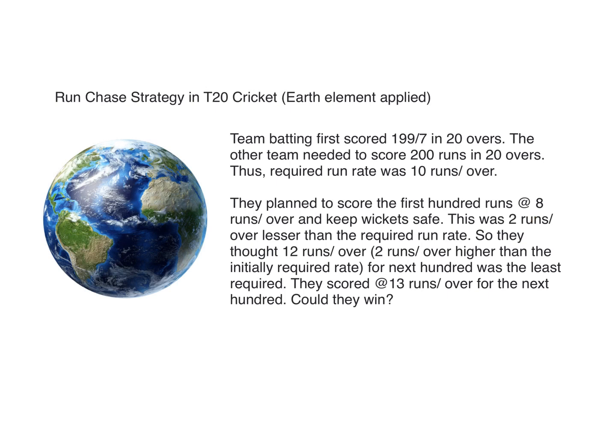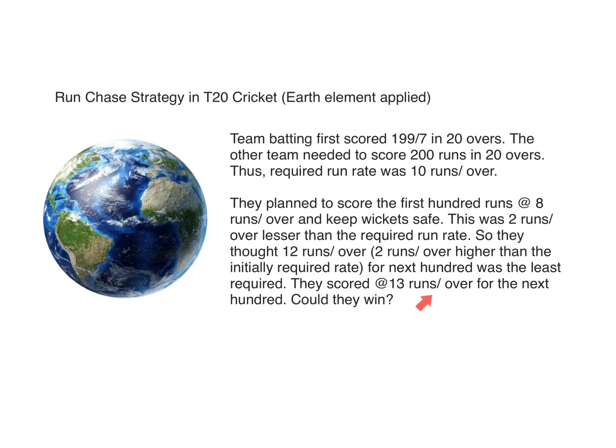So they thought that 10 plus 2, that is 12 runs per over, is the minimum run rate required for the second 100 runs. Then only they will be able to win the match. That is what they thought. So their plan was to score at a rate of 12 runs per over or higher in the second 100 runs to win the match.